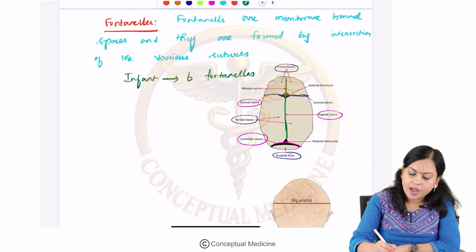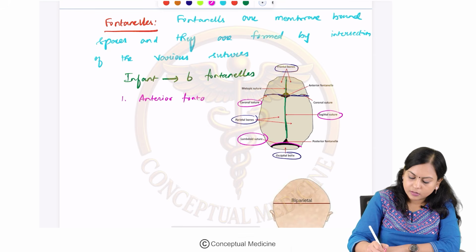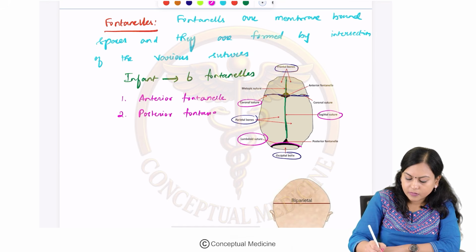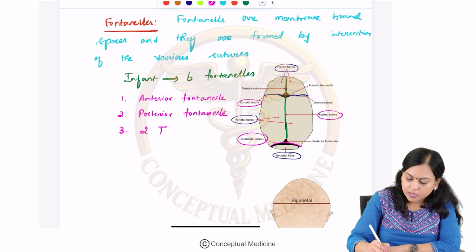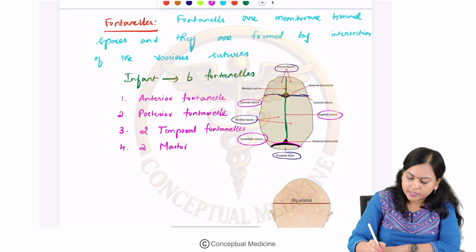Among these we have one anterior fontanelle, one posterior fontanelle, two temporal fontanelles, and two mastoid fontanelles.